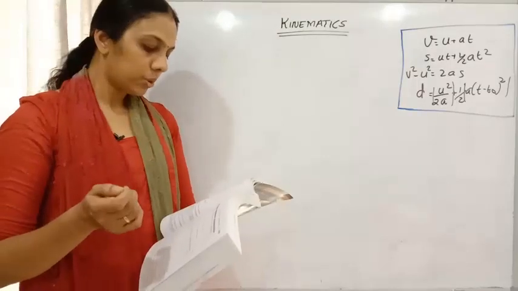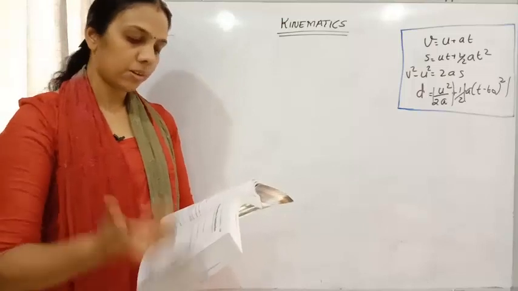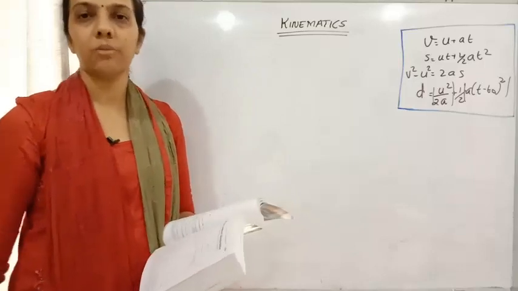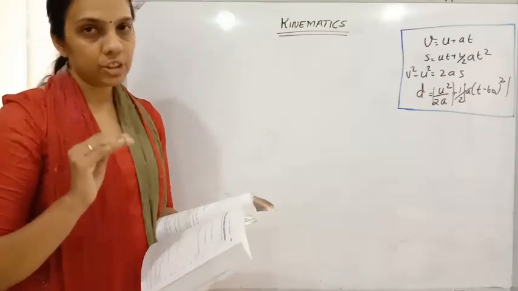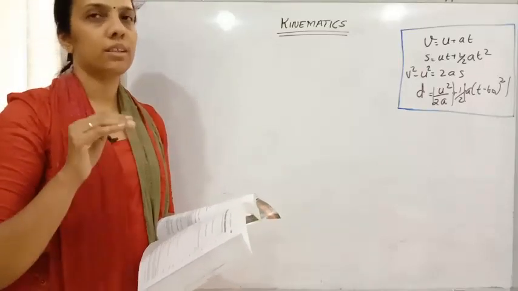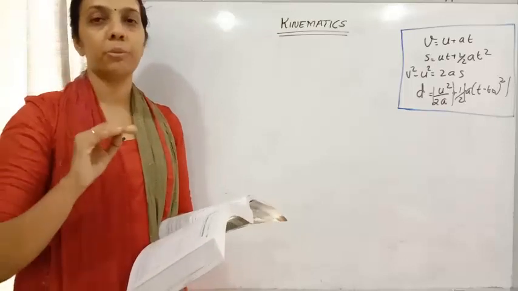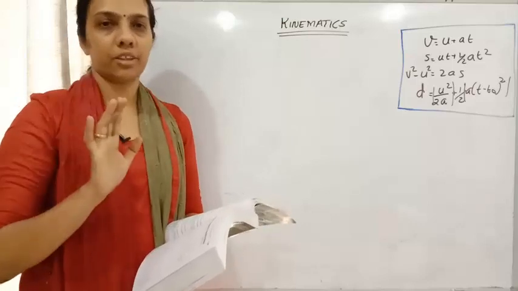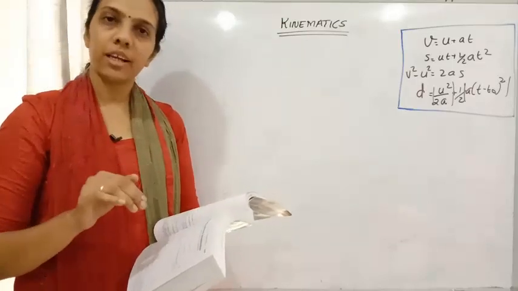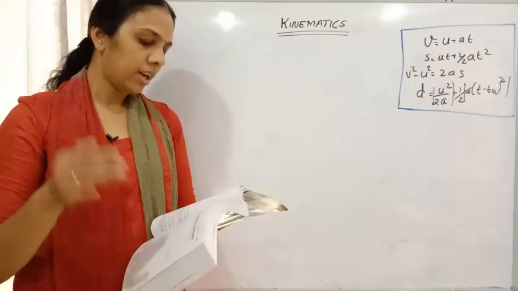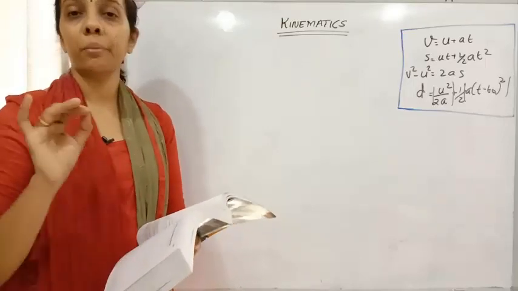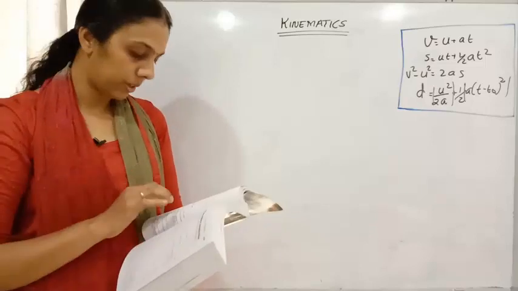If we are throwing an object upwards, the acceleration during the upward journey will be g only, but as per sign convention we take it as minus g. In the downward direction it will also be g only, and at the highest point also g only. So the g value remains constant at all points.